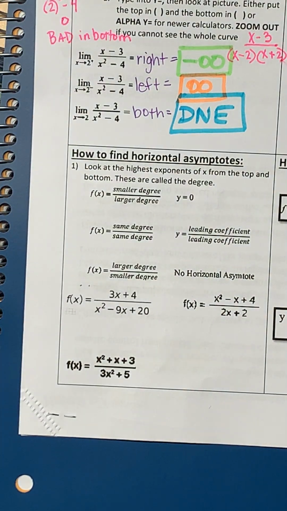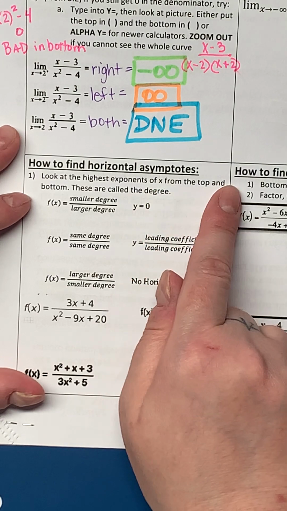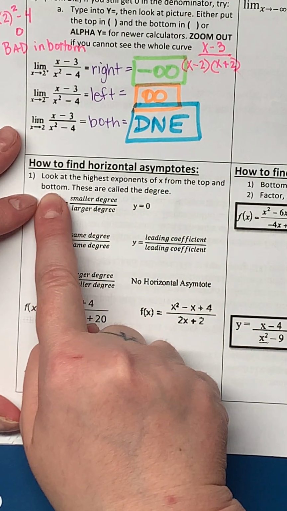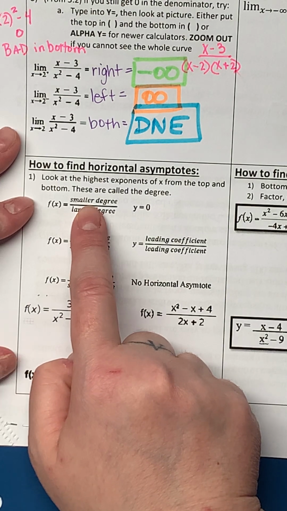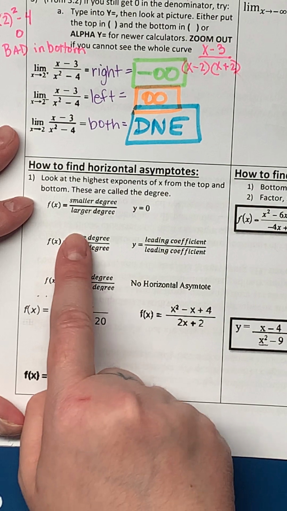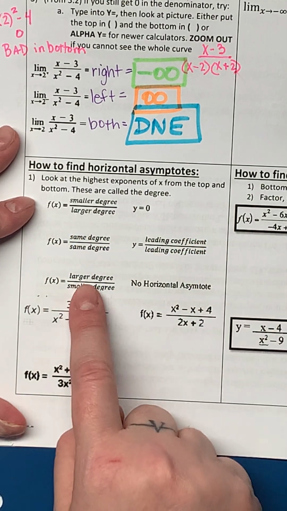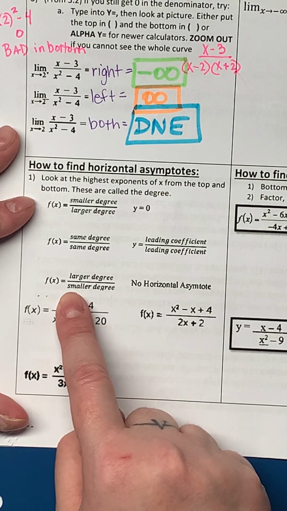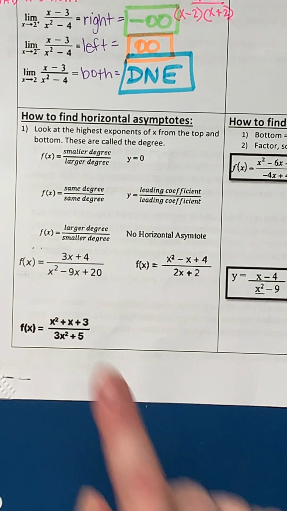This is from college algebra, and you look at the highest exponents of the x from the top and the x from the bottom. That's called the degree. And if the exponent on top is smaller than the one on bottom, your asymptote is y equals 0. If your exponents are equal, you divide the big fat numbers attached. If the exponent on top is bigger than the one on bottom, you say none. So let's look at these 3 examples.